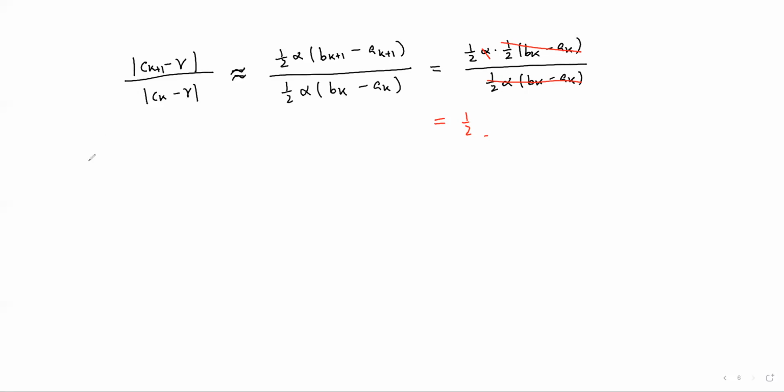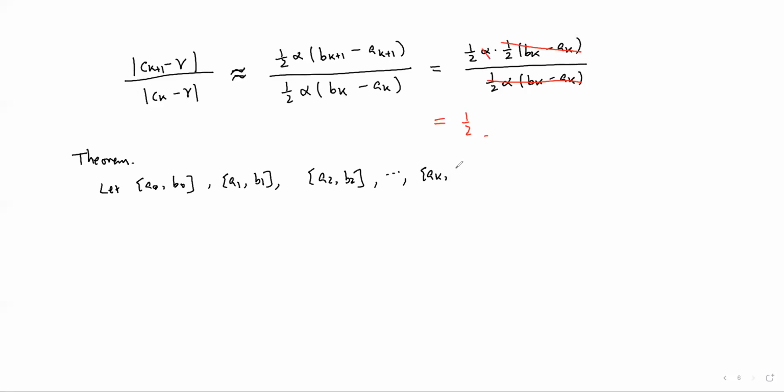Theorem. You can find this theorem in the book. Let a_0, b_0 be the initial interval, a_1, b_1 the interval after the first step, a_2, b_2 the interval after the first two steps, and so on.